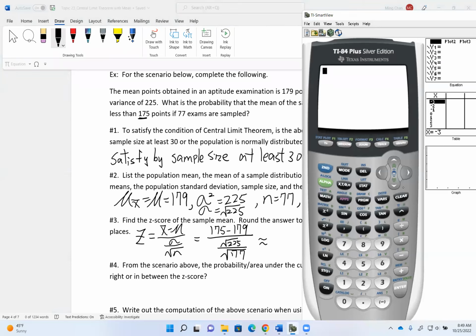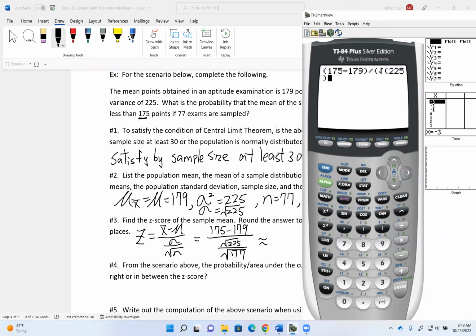Again, the top subtraction, put it in a parenthesis. Divided by the whole entire operation in the denominator, open a separate parenthesis. My square root of 225 is gonna give me an open parenthesis, 225.